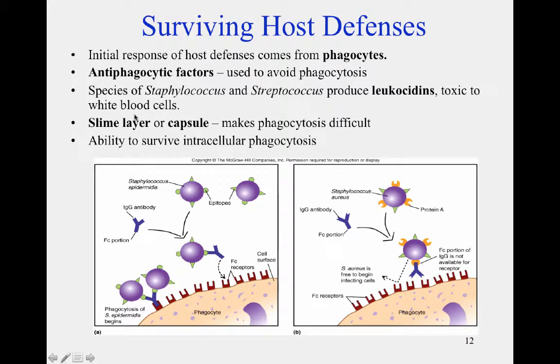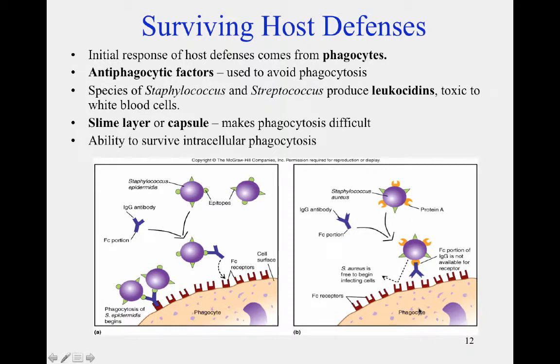Also, any pathogen that has a slime layer or a capsule makes phagocytosis very difficult. So what is phagocytosis? Phagocytosis is basically a way, if you see on the right-hand side here, it's a way by which the white blood cell can actually engulf a pathogen.